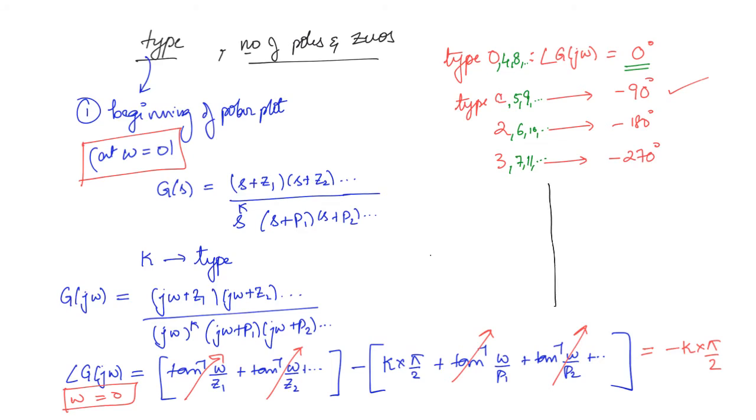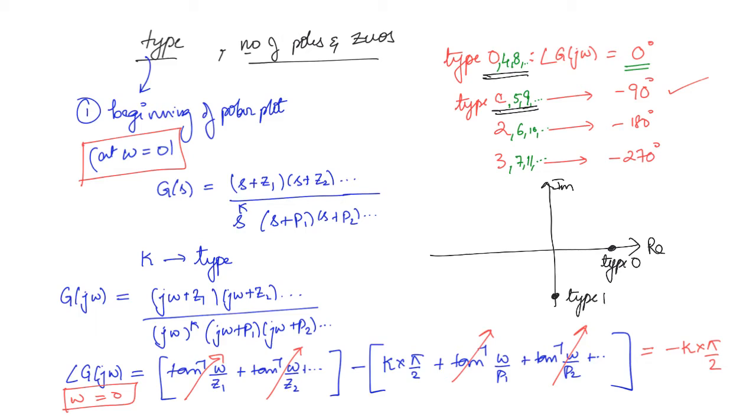So if you take the plane, this is the real part and this is the imaginary part. For type 0, 4 and 8, the plot will start from this direction. This is 0 degrees. And for type 1, 5 and 9, it will start from minus 90 degrees, so this will be here. So this will be type 0, this will be type 1.